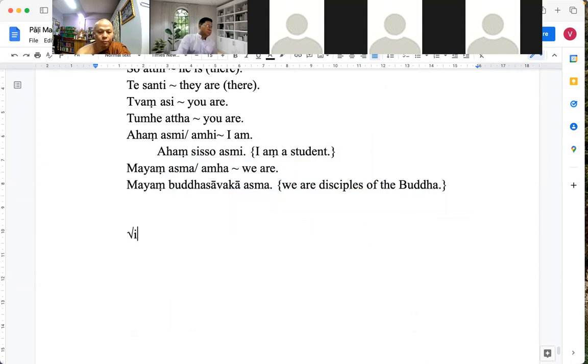The root i actually means to go, but that root has a natural change and we don't use it by itself. The root is changed to e.